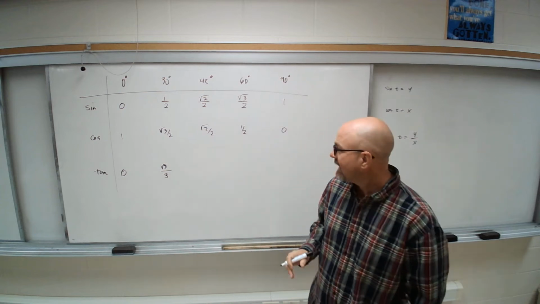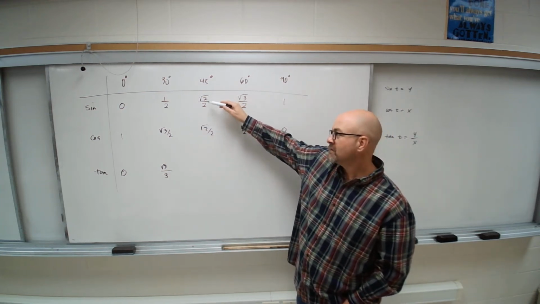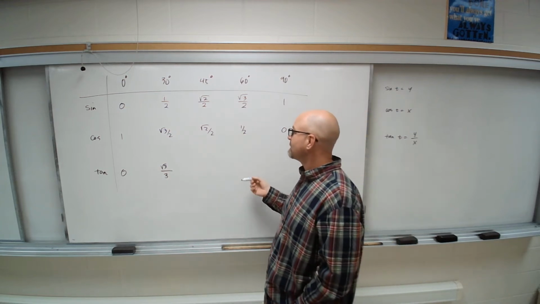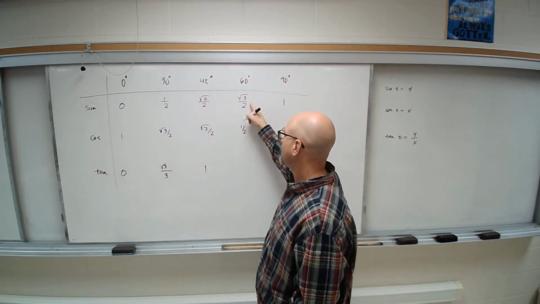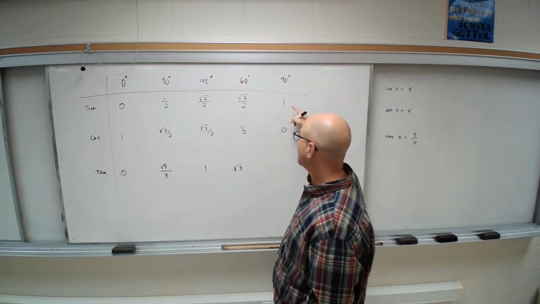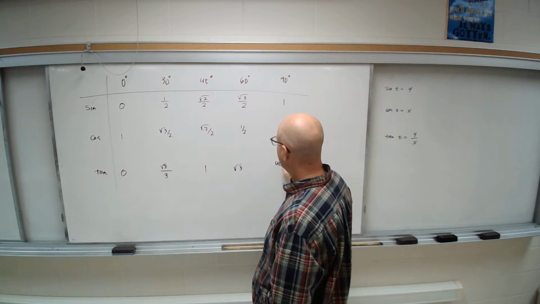For 45 degrees, it's radical 2 over 2 divided by radical 2 over 2. It's the same number twice, so it's just going to be 1. Radical 3 over 2 divided by 1/2 is radical 3, and then 1 divided by 0 is undefined.